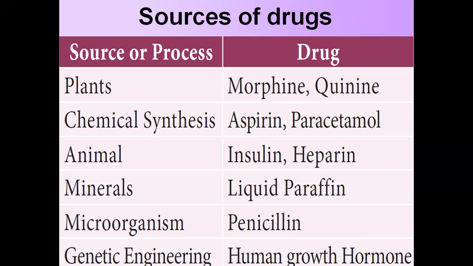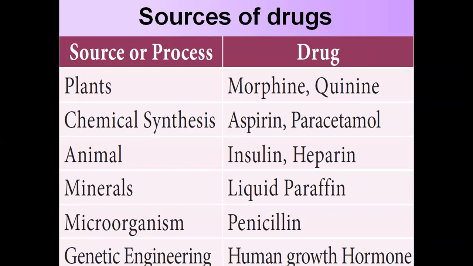Genetic engineering: human growth hormone. From these sources we can get the drugs. The main sources of drugs are animals and plants. Paracetamol is mostly used in the medical field.